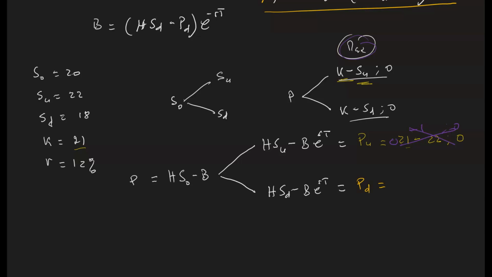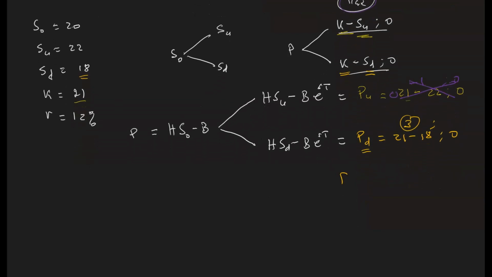And our put down is, again, strike price minus stock down, which is 21 minus stock down, which is 18, and 0. 21 minus 18 is going to be equal to 3, so between 3 and 0, our put down is going to be equal to 3. So in this case, we know that put up is equal to 0 and put down is equal to 3.